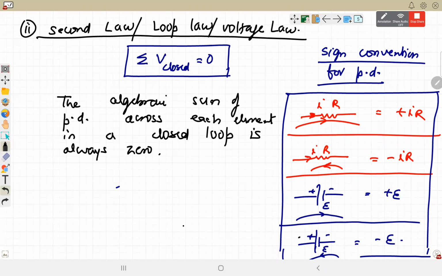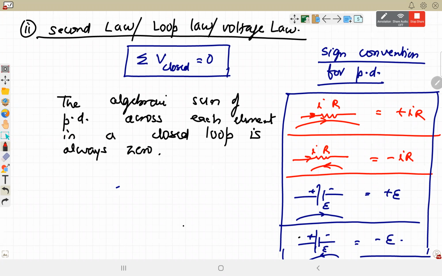Or the total potential drop in a closed loop is 0. And the logic was that because we are coming back to the same point, means same initial potential. Potential difference is 0, so work done will be 0. Work done 0, then total potential drop has to be 0.